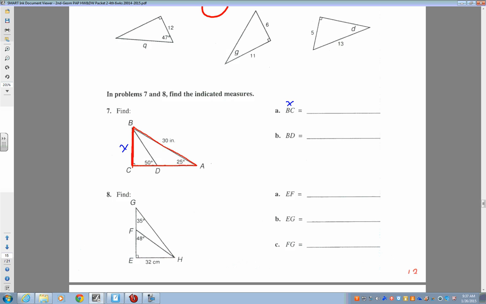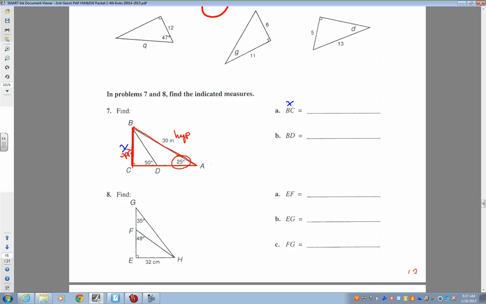My concern with a problem like this is you identifying how to break it into two right triangles. So it's always going to be the whole right triangle compared to the smaller right triangle inside of it. All right, so I'm going to have to use this angle, the 25, for the whole right triangle BCA, and the x now becomes the opposite, and the 30 now becomes the hypotenuse.